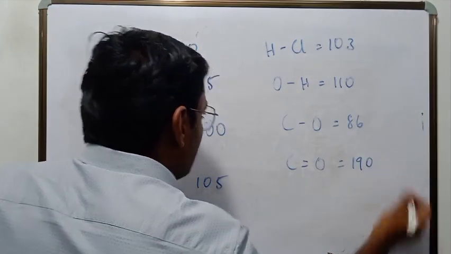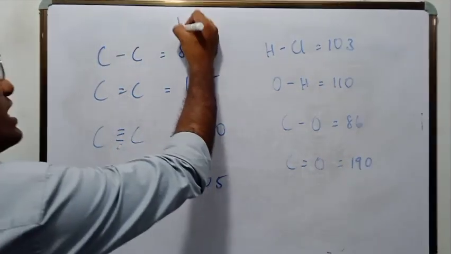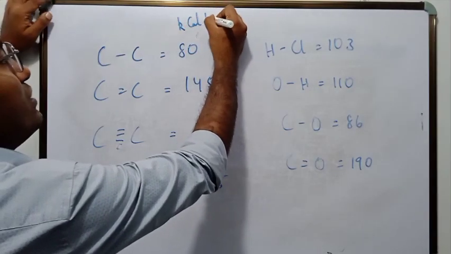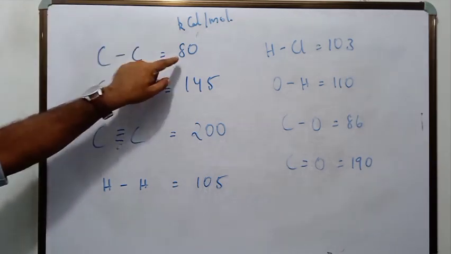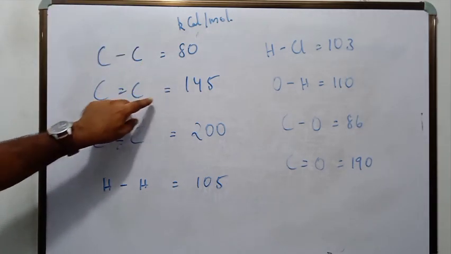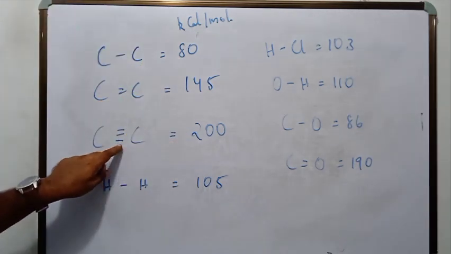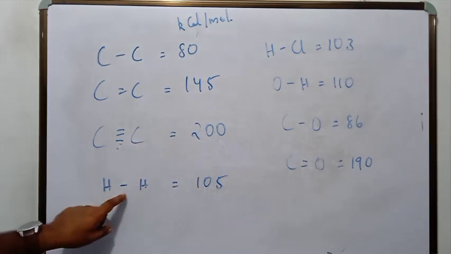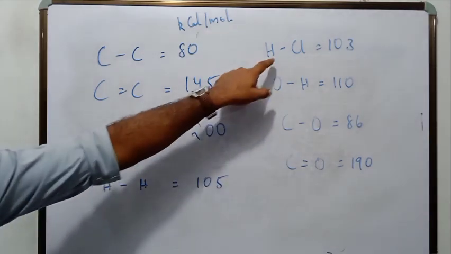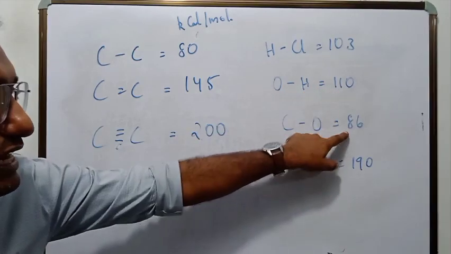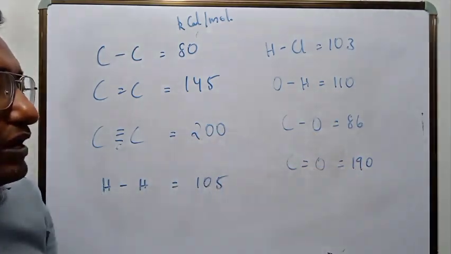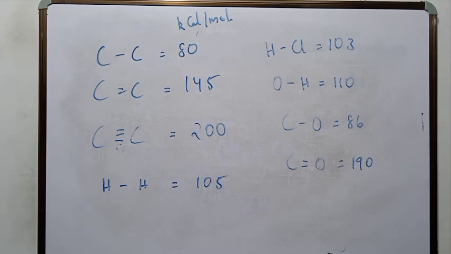All these values are in kilocalorie per mole. So we are seeing carbon-carbon single bond 80, carbon-carbon double bond 145, triple bond 200, H-H 105, H-Cl 103, O-H 110, C-O 86, C double bond O 190 kilocalorie per mole. That much energy is required to break 1 mole of these bonds.